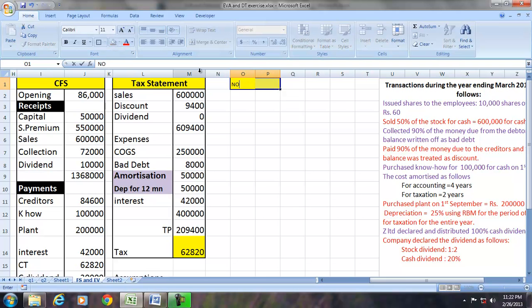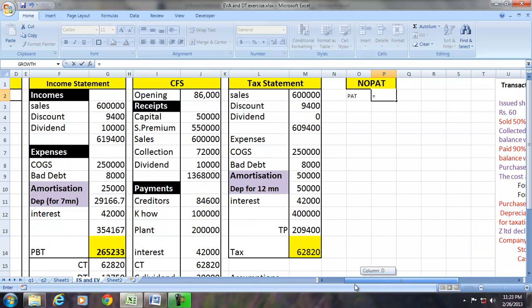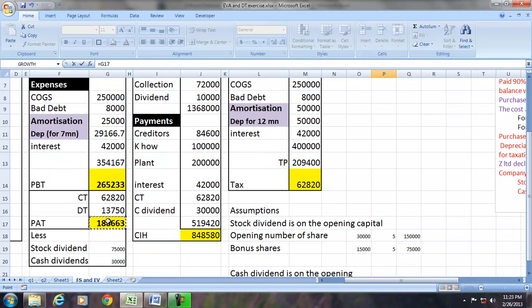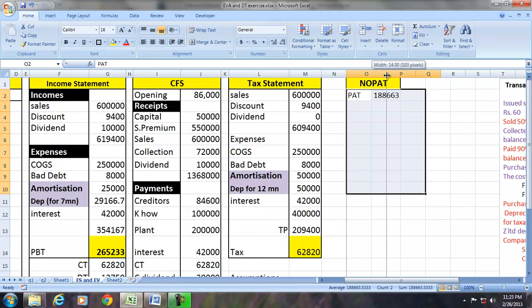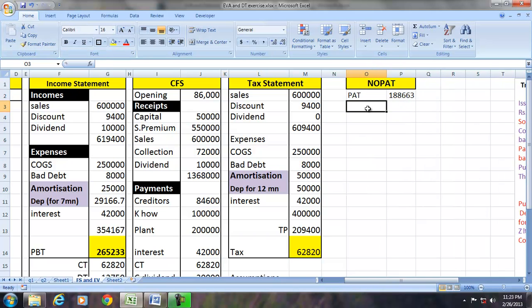and NOPAT is a non-GAAP number, so it will not strictly adhere to the profit which has been calculated as per the GAAP. So it is necessary to make adjustments, and these adjustments may relate to the financing anomalies or may relate to the accounting anomalies.